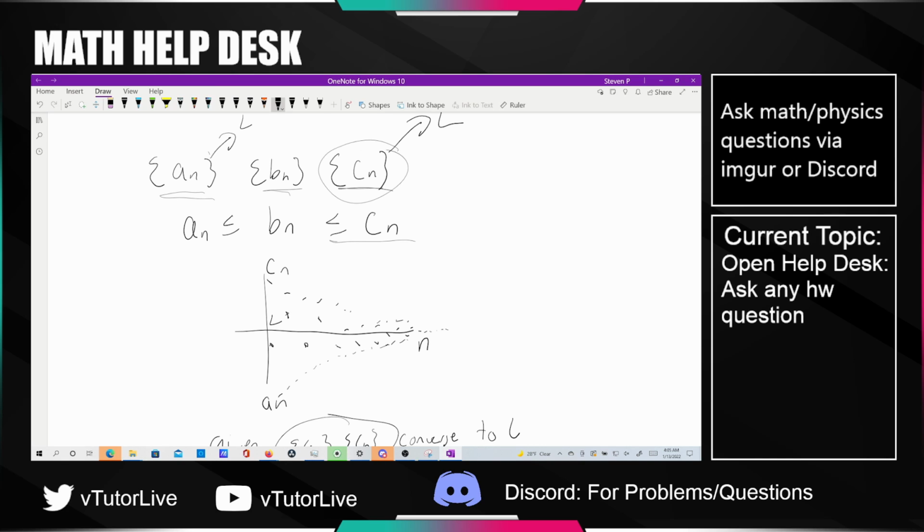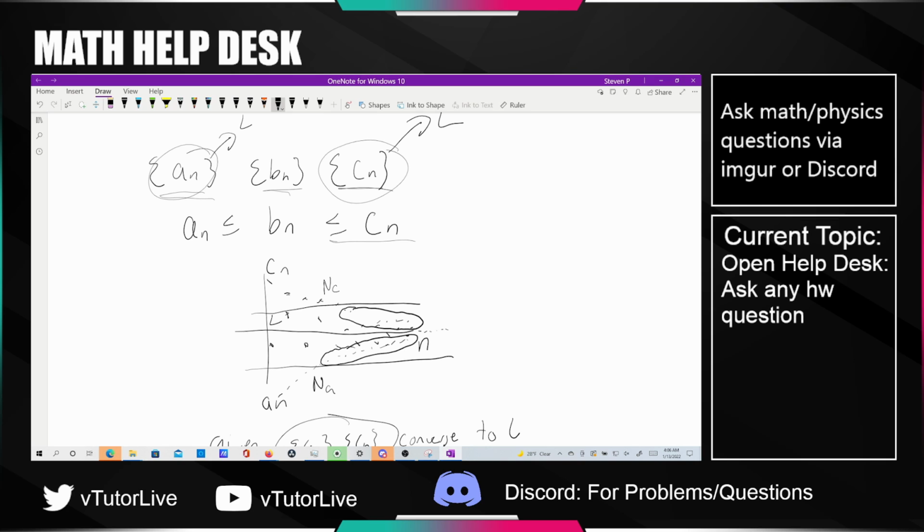well, if you know that cn and an converge to L, this is sort of saying that for any epsilon that you're given, you're going to be able to find an NA and an NC such that every one of the dots belonging to the C sequence after NC are within the epsilon window, and all the dots belonging to the A sequence after NA are also within the epsilon window, right?